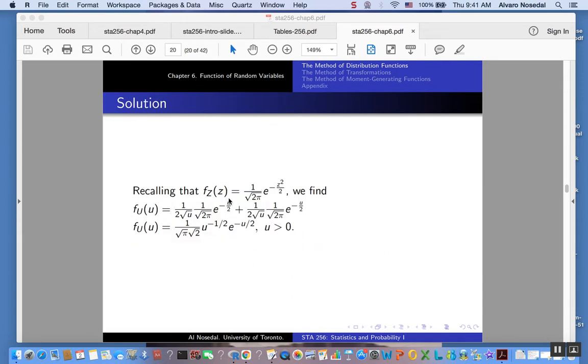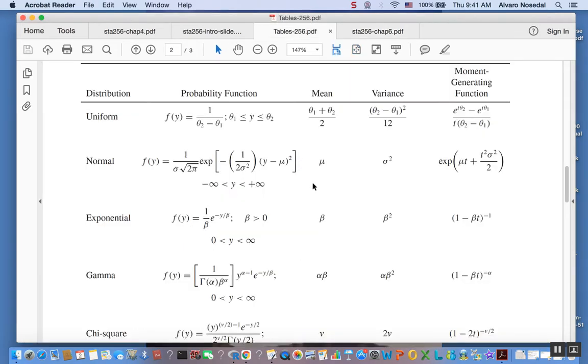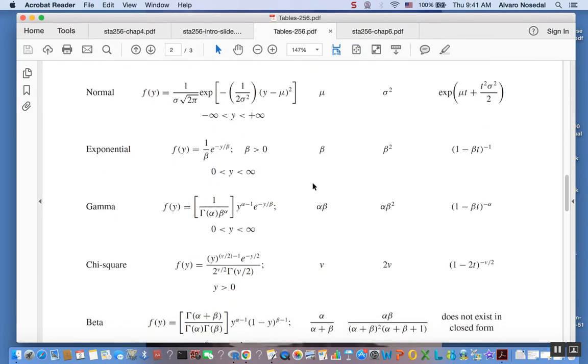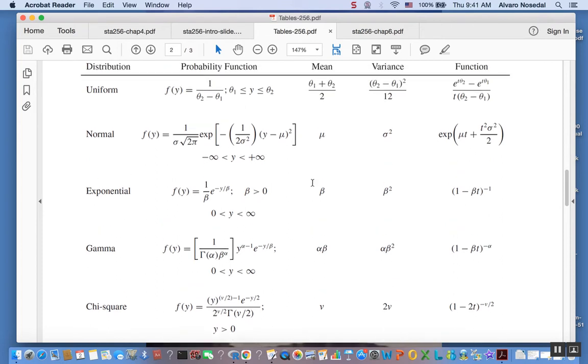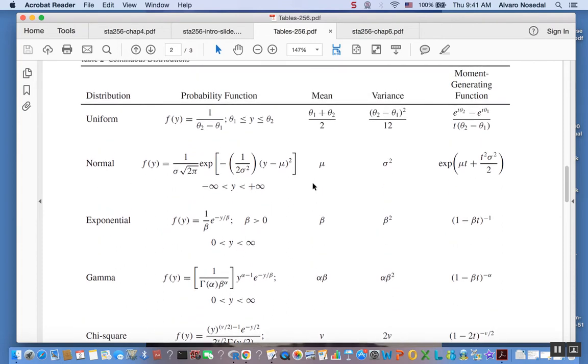Now, what I have here is the PDF of a normal 0, 1. If you don't remember that expression, let me remind you that on page 838 of our textbook, we have that beautiful table of expressions for the PDFs, means, variances, and MGFs of popular distribution functions.